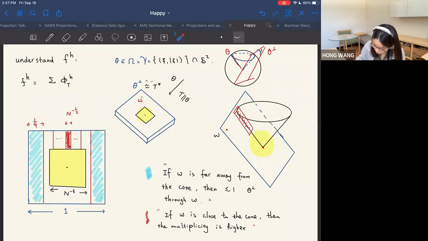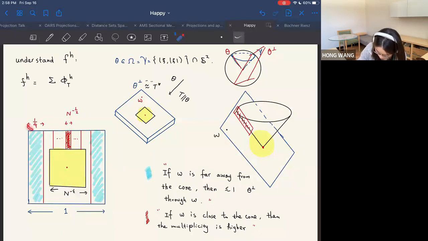Since the number of theta perpendicular through it is bounded, this part can also be estimated in the same way as before using the two-dimensional case. Now we decompose the middle part diagonally according to the distance to the center line.